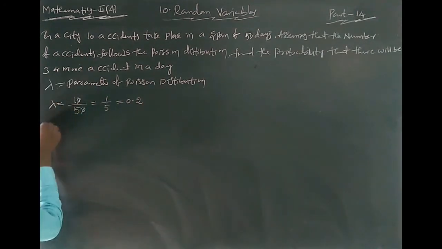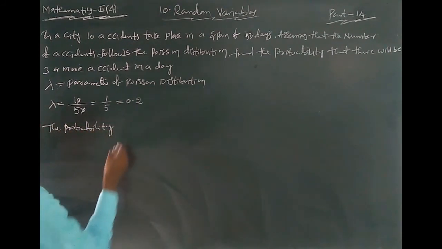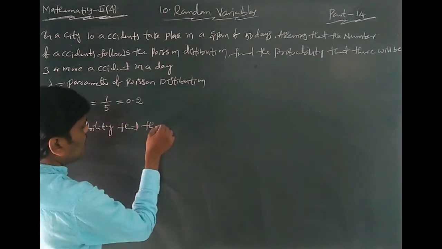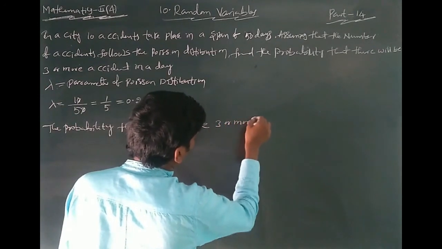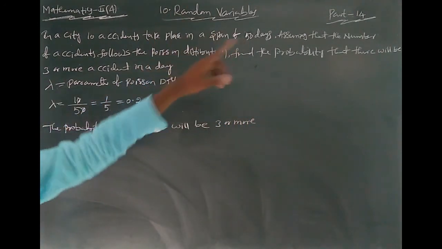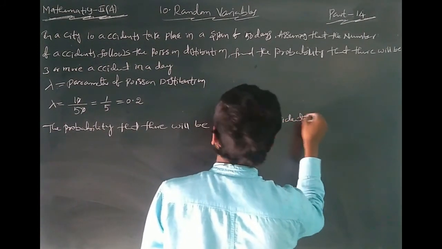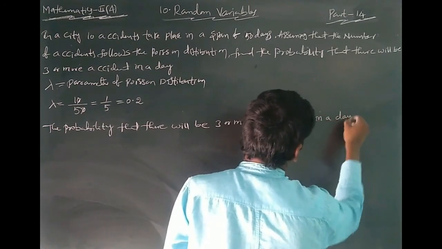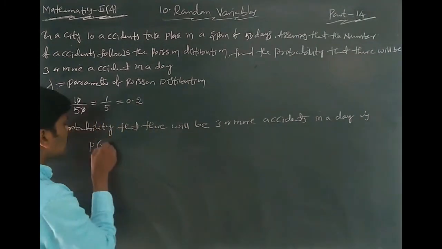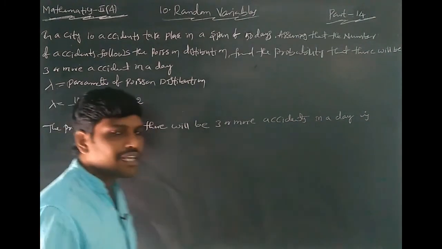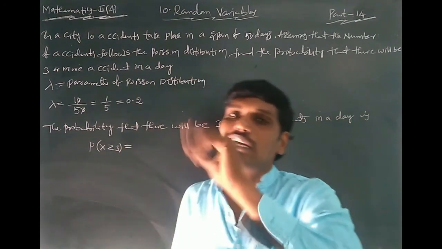After that, the probability that there will be 3 or more accidents in a day is P of 3 or more, nothing but greater than or equal to 3, or not? 3 or more, nothing but 3 is included or more than 3, that is greater than or equal to 3.